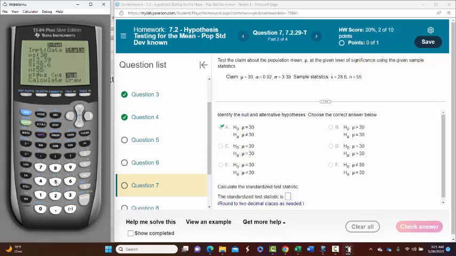All right, so we know this is a two-tailed test, so we have to highlight that first one right there. Very important. That won't matter for test statistic, but it will for p-value. But let's just do it right anyway.